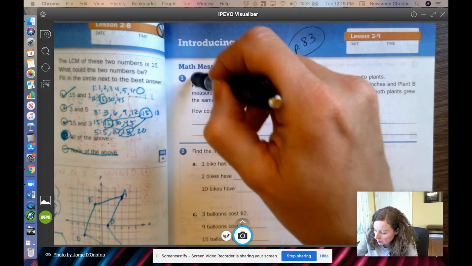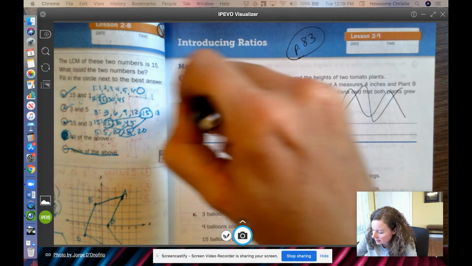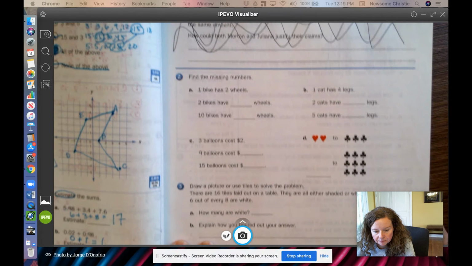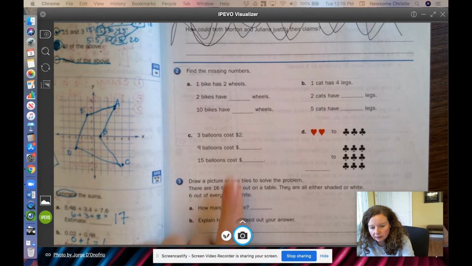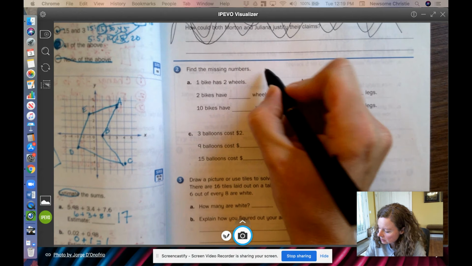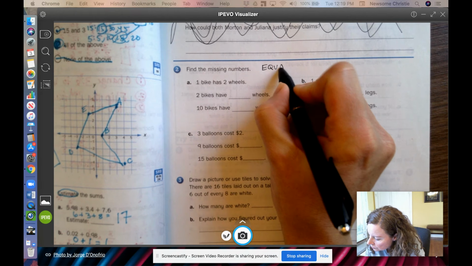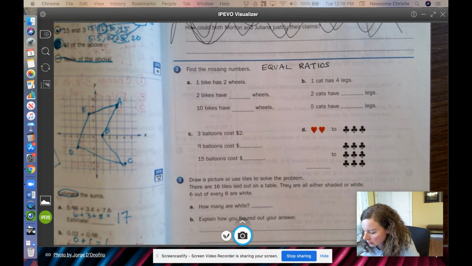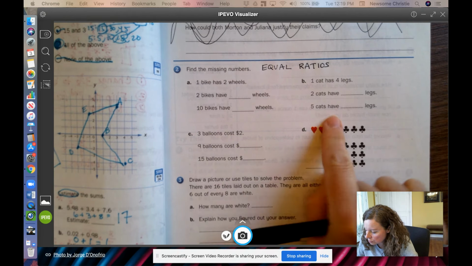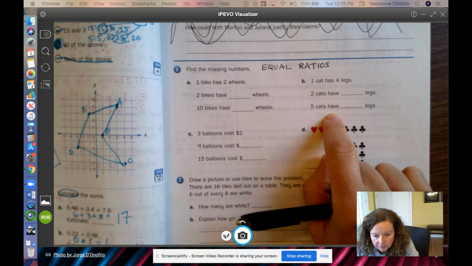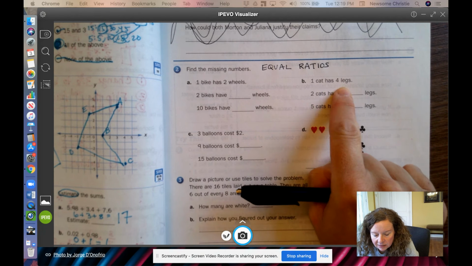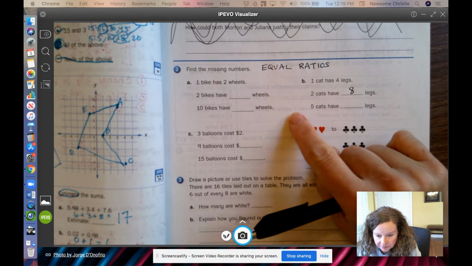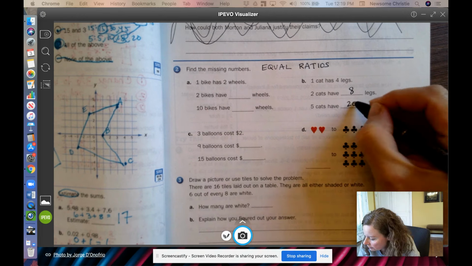We are skipping the math message today. Our journal work, I kind of consider our math message, our interactive notebook work. So section 1 here is going to talk to you about equal ratios. All right, and so let's just do B here as a part together. So if one cat has 4 legs, 2 cats would have 8 legs, 5 cats would have 20 legs.